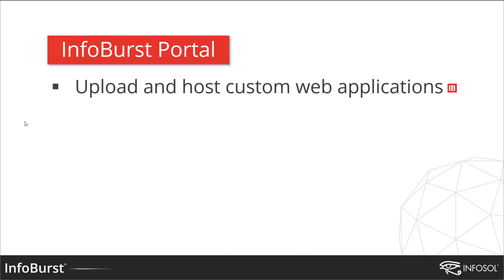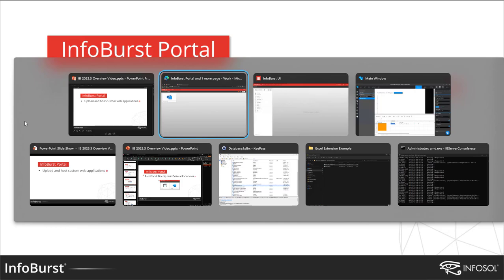These can also be hosted inside the secure InfoBurst portal. So the only prerequisite for this process is that the files that comprise your web application must be zipped. You can call the zip name whatever you like, and then that zip file is uploaded to the portal and becomes the hosted web application. So let's look at an example here.